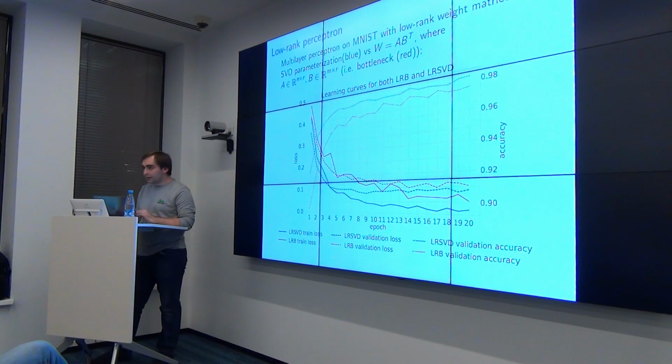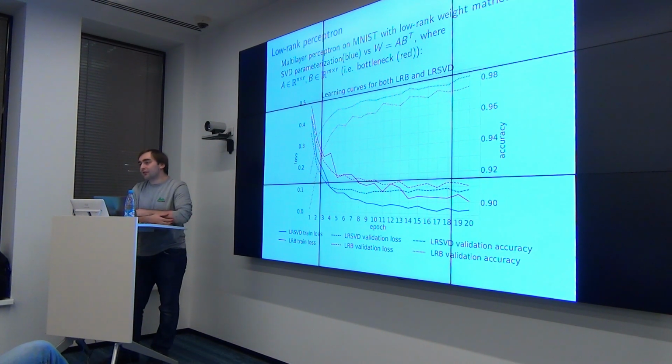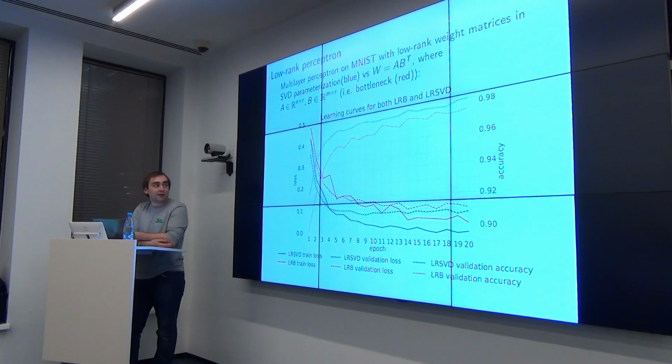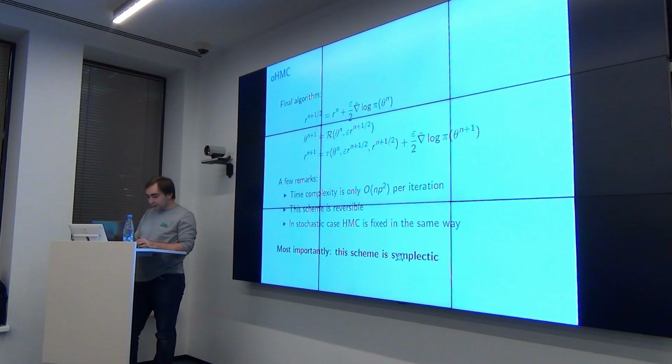So, are there any questions? How slow is it? It's not very slow, because if you take really low rank, then the rank is squared, but it's not that much.